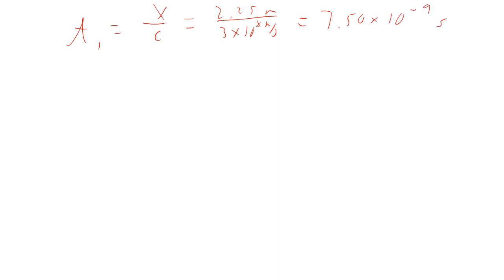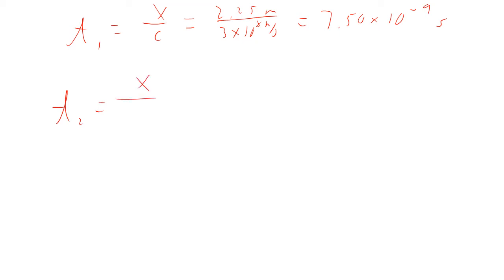Okay, so T1 is the distance over the speed of light, so that's 2.25 meters divided by 3 times 10 to the 8th meters per second, which is equal to 7.5 times 10 to the minus 9 seconds.